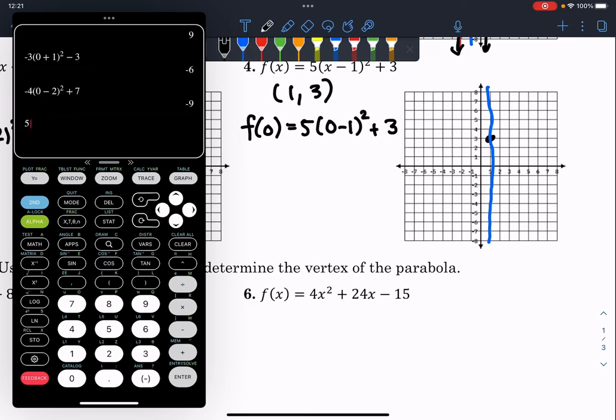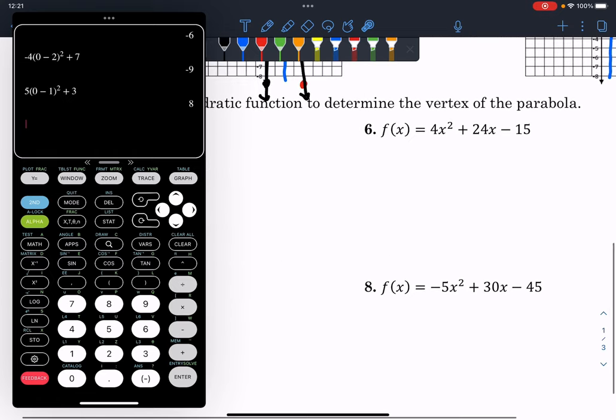So 0 minus 1 squared, that's going to become 5, and then plus 3 is 8. And again, because of the symmetry of the parabola, we know that we're going to have a point here as well. So this is going to be the graph of our quadratic.